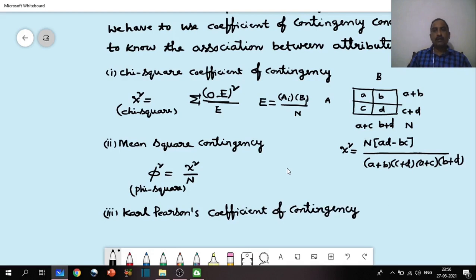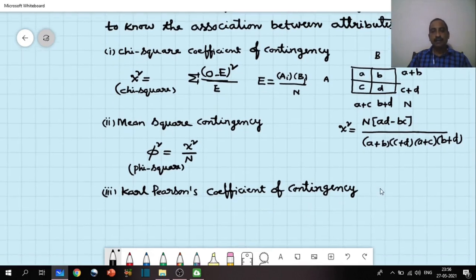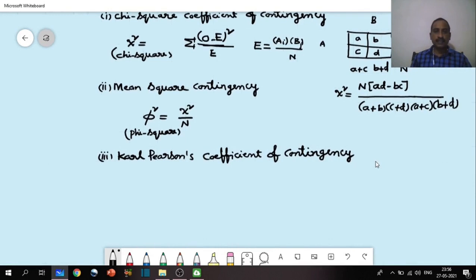In many cases the chi-square and phi square limits do not coincide. That's why Karl Pearson proposed another coefficient of contingency, called Karl Pearson's coefficient of contingency.